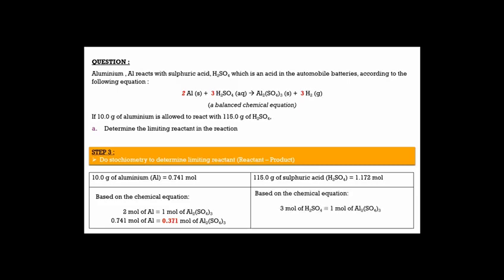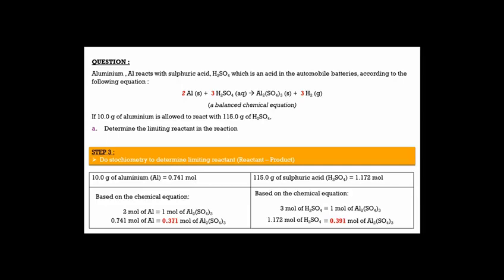Based on the chemical equation, 3 moles of sulfuric acid produce 1 mole of aluminium sulfate. That means from 1.172 mole of sulfuric acid, we can only produce 0.391 mole of aluminium sulfate. So as you can see, aluminium and sulfuric acid produce different numbers of moles of aluminium sulfate.